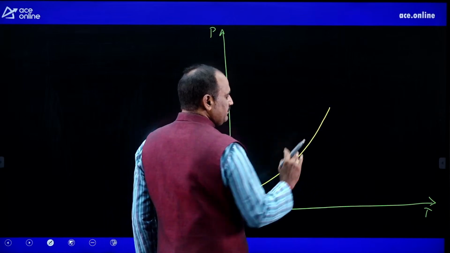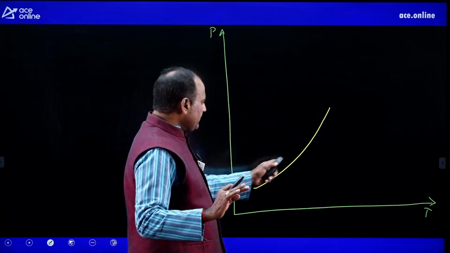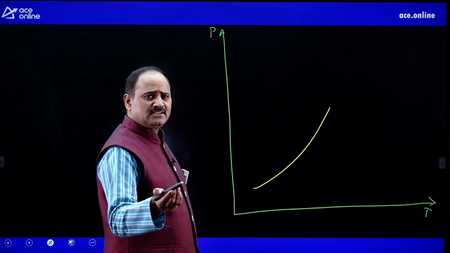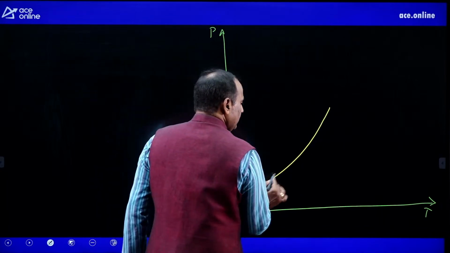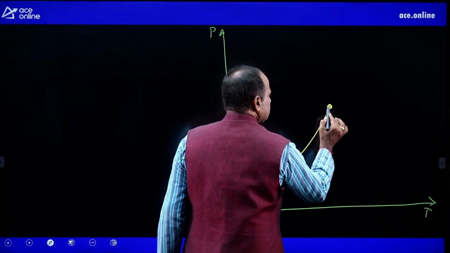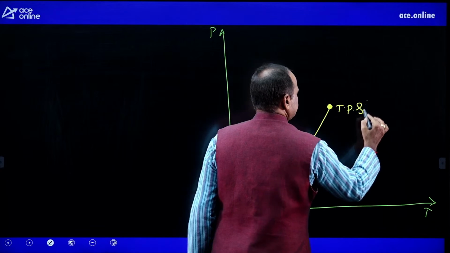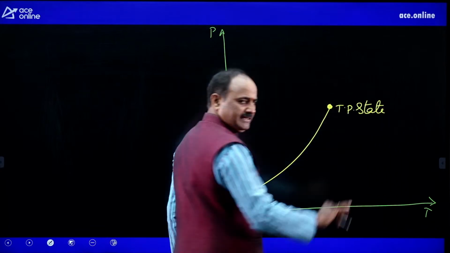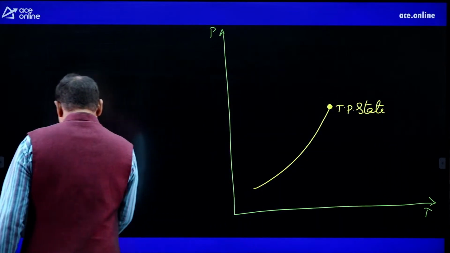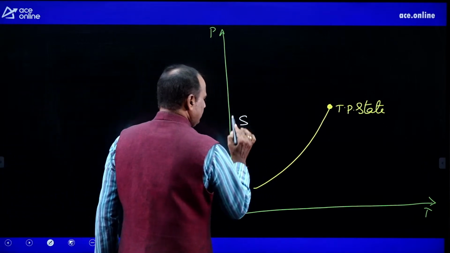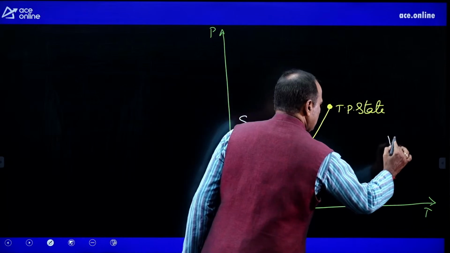The sublimation curve maintains a positive slope, which means as the pressure increases, the sublimation temperature also increases. The apex point of the sublimation curve is the triple point state. The region to the left of the sublimation curve is solid, and to the right is vapor.